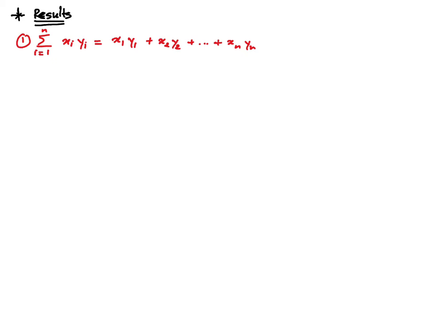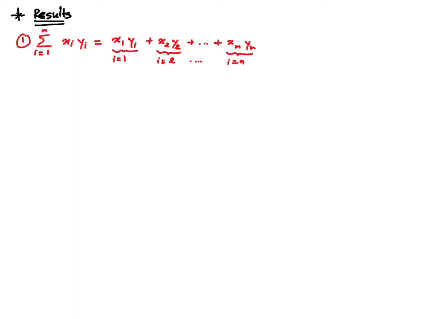Again, it's the same idea. Wherever you see an i, you want to replace it with 1, 2, 3, 4, 5, all the way to n. So the first term on the right hand side is what you get when i is 1, the second term is what you get when i is 2, and the last term is what you get when i is equal to n.